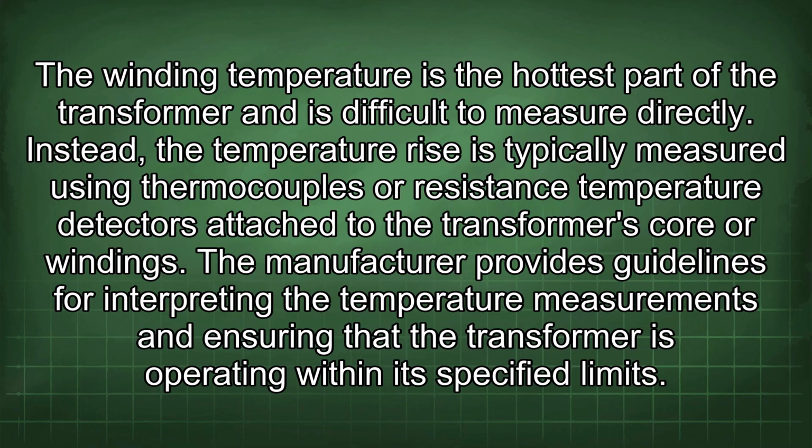The winding temperature is the hottest part of the transformer and is difficult to measure directly. Instead, the temperature rise is typically measured using thermocouples or resistance temperature detectors attached to the transformer's core or windings. The manufacturer provides guidelines for interpreting the temperature measurements and ensuring that the transformer is operating within its specified limits.